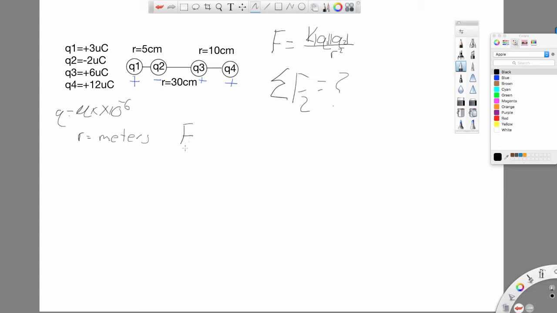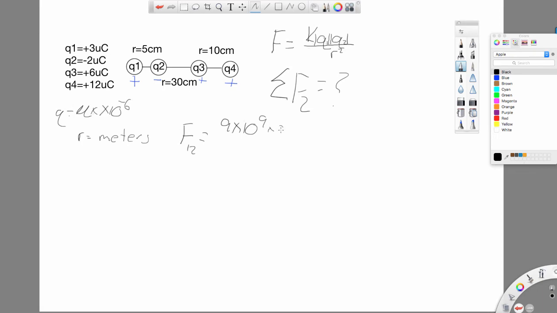So we will go like this, F1 on 2. Now K is a constant. It's 9 times 10 to the 9th meters squared times newtons over coulombs squared. So for 1 on 2, we're using the absolute values of the charges. We don't care positive or negative.